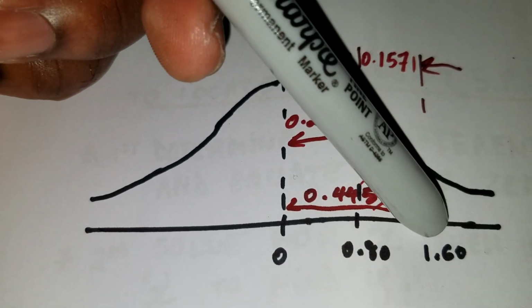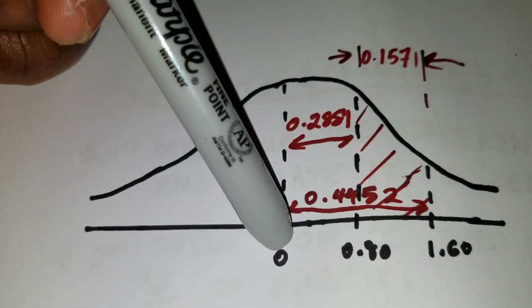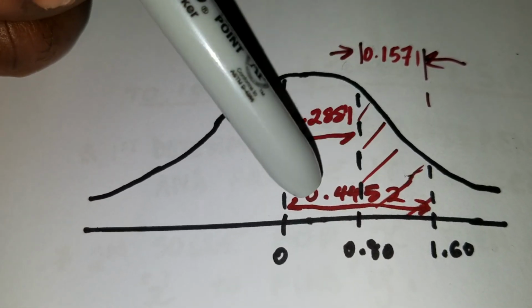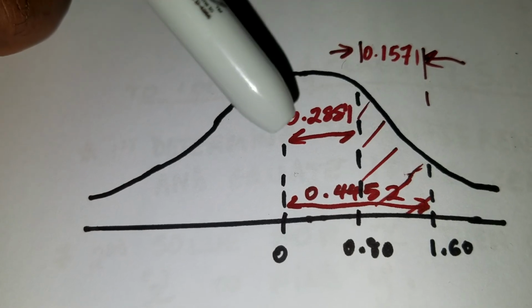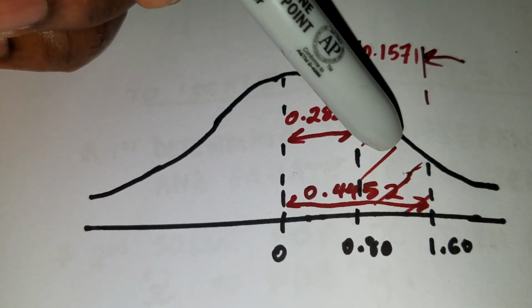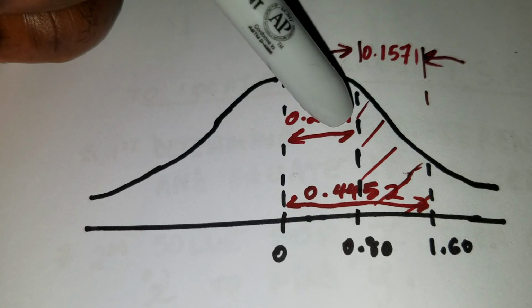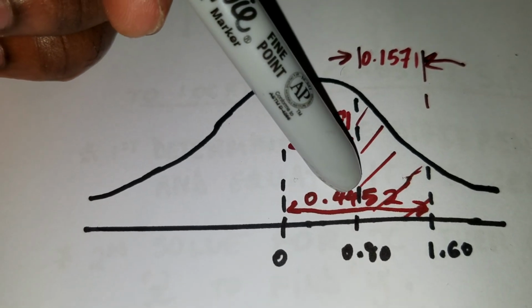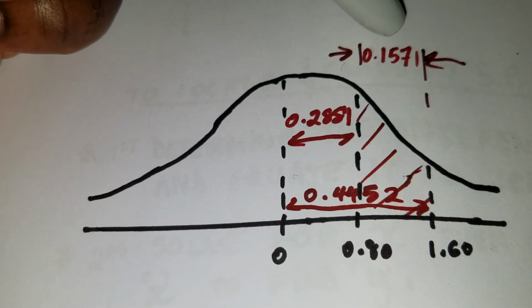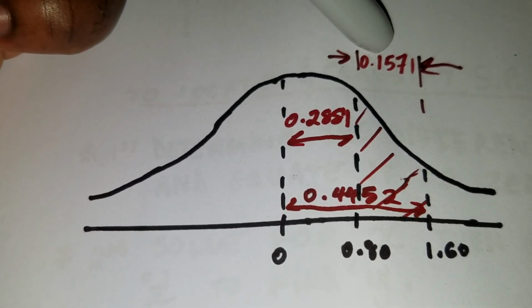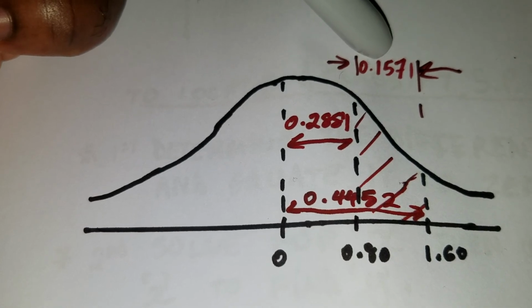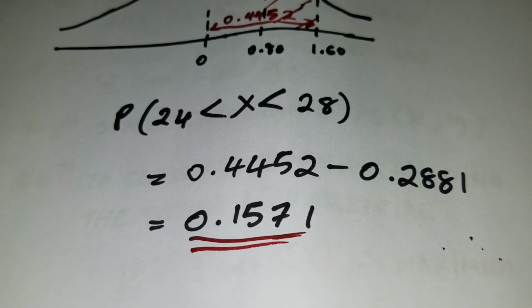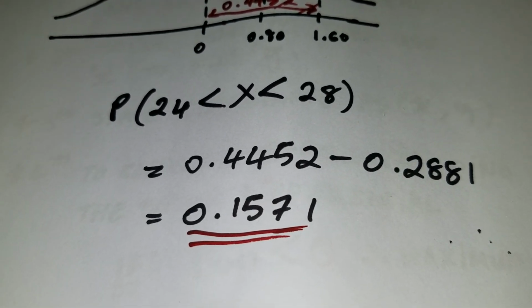The probability for 1.6 is 0.4452, from 0 to 1.6. If we want to find the shaded region, we subtract 0.2881 from 0.4452, which leaves us with this difference, 0.1571. So this is the probability that x is between 24 and 28.